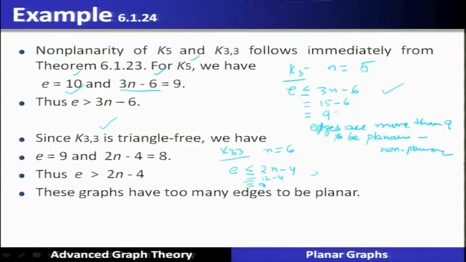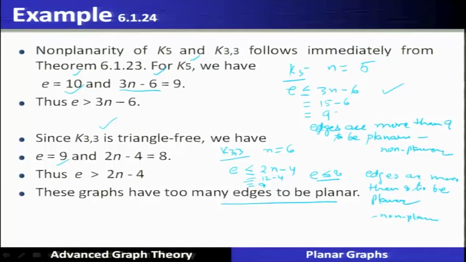So E should be less than or equal to 8, but the total number of edges present is 9. So here also the edges are more than 8 to be planar. Hence this is a non-planar graph according to Euler's theorem.